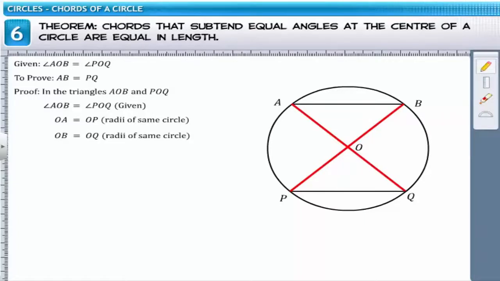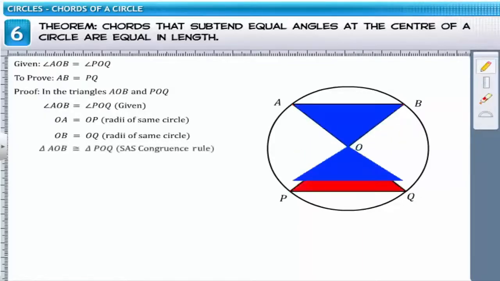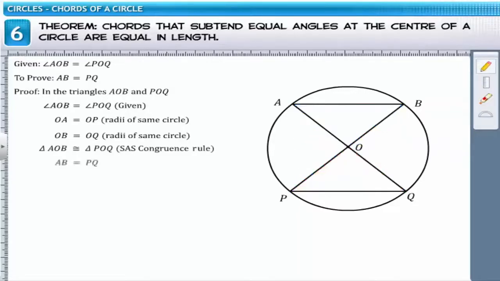Since two adjacent sides and the corresponding angles of the triangles AOB and POQ are equal, the two triangles are congruent by the SAS congruence rule. This also means that AB equals PQ, since they are corresponding sides of congruent triangles. So, we have proved that chords of a circle that subtend equal angles at its center are equal in length.